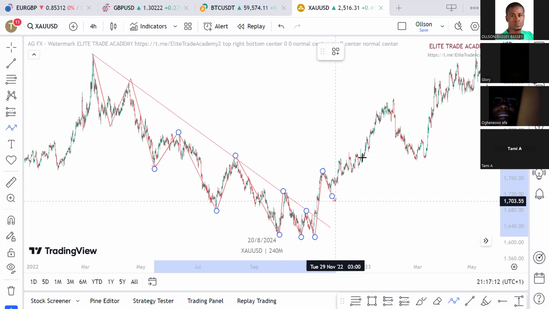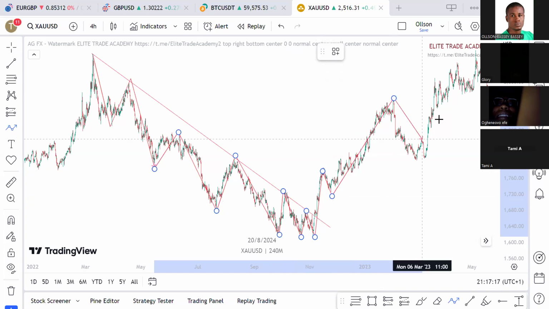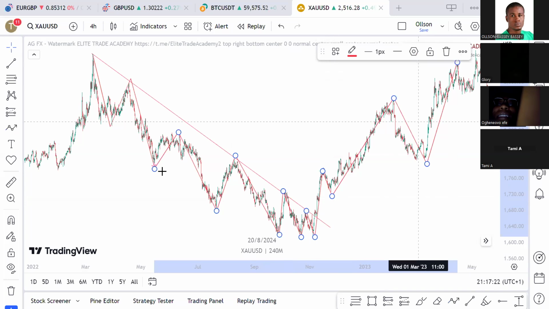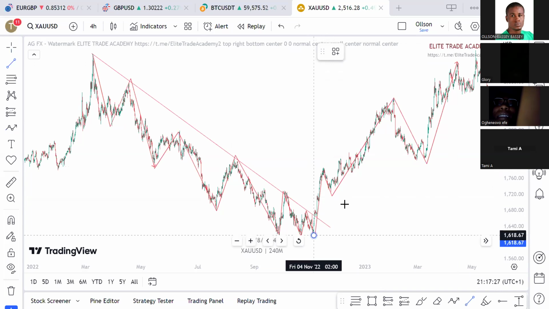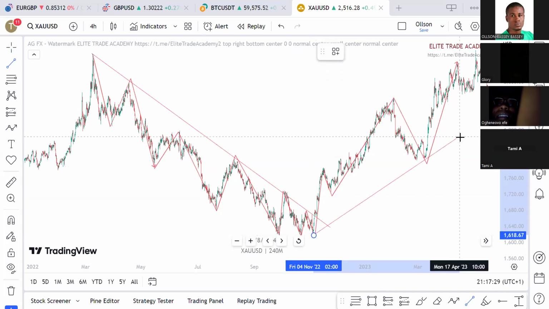Now we have a higher high because it is higher than the previous high, and price continues creating that. Now, if we take out a trend line, we could easily measure out to see that we have a new trend line here. Okay, so this is how to spot your price direction. This is how to get your market structure.